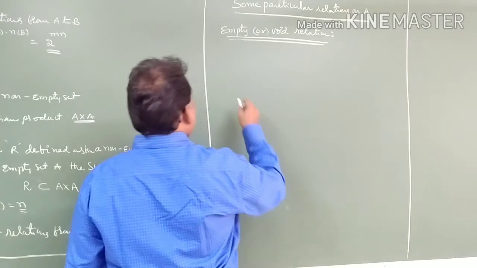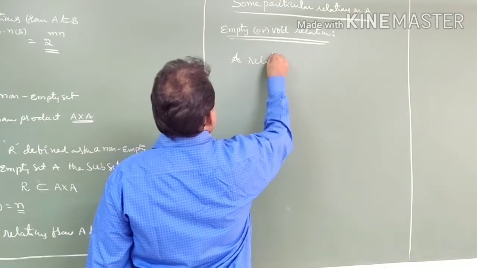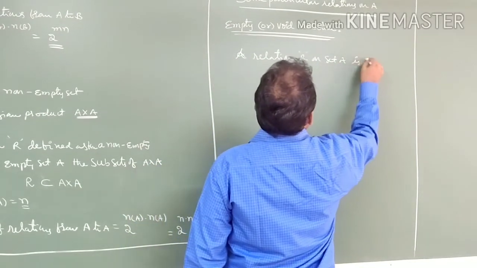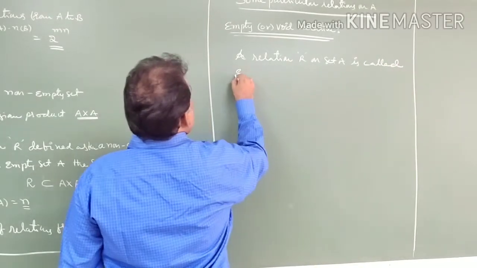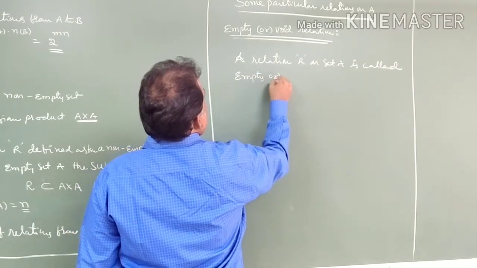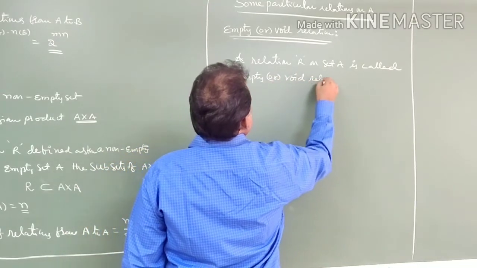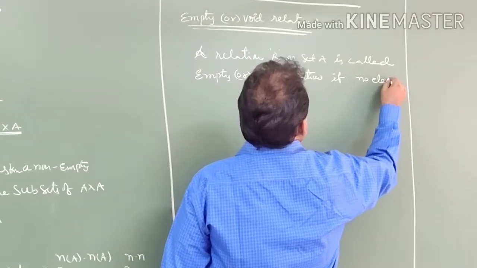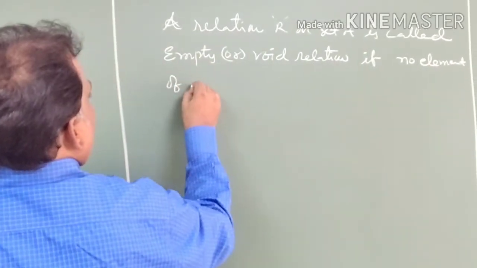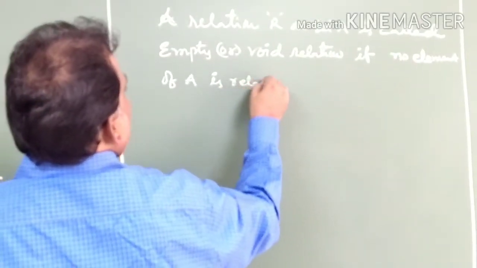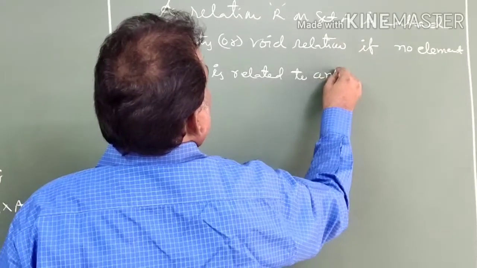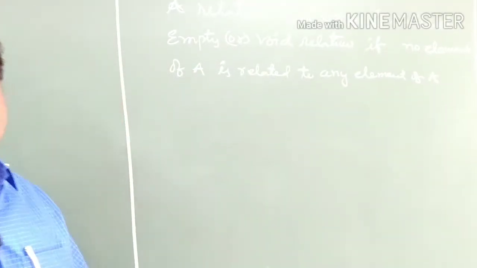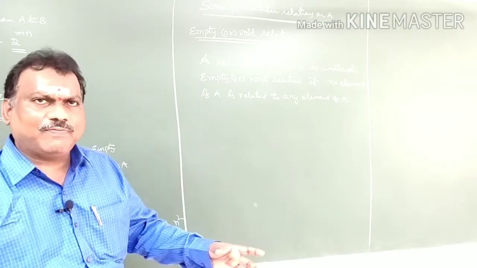A relation R on set A is called empty relation or void relation if no element of A is related to any element of A. No element of A is related to any element of A means nothing.